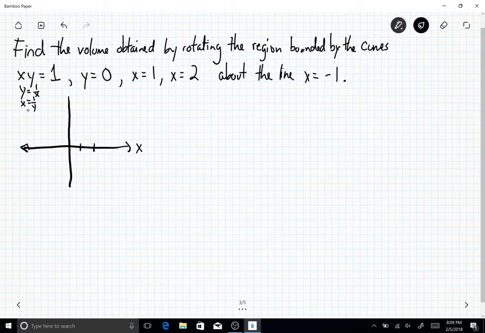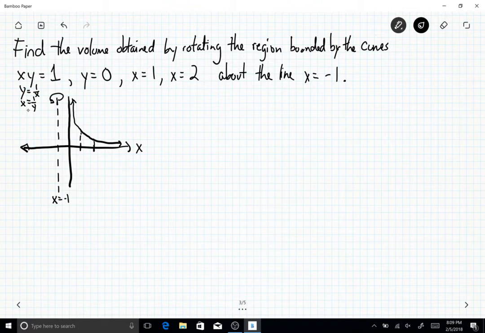At the end of the day, you get this curve that swoops on down, something like this. But what we're looking at is here's 2 of your bounds. The tricky part, what makes this a bit harder, is that we're going x equals -1, and that's the axis we're revolving around.